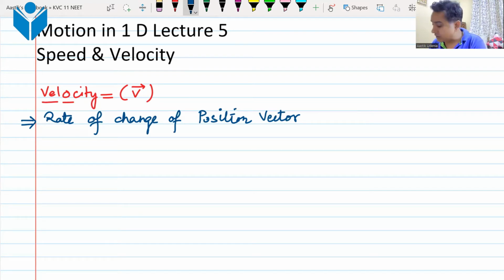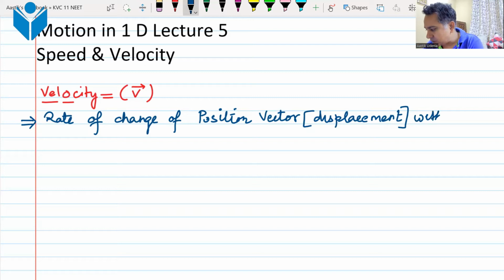Rate of change of position vector. In your questions or books, they might say displacement. Rate of change of position or displacement with time. Okay, so velocity is the rate of change of position vector.